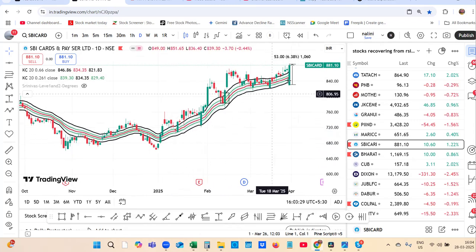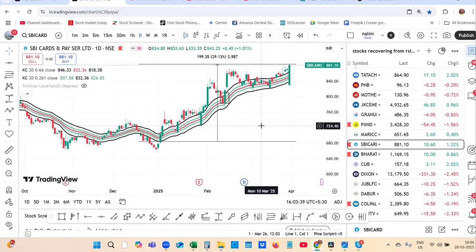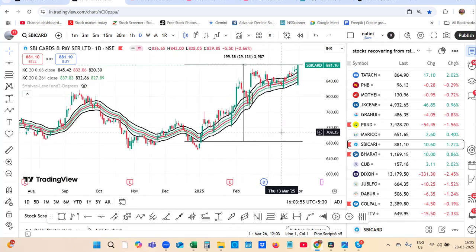From January to here, 865, it has run up. As a positional trade, you can take 29% from January, February, March. Within 3 months, you are getting 29% in this SBI card.